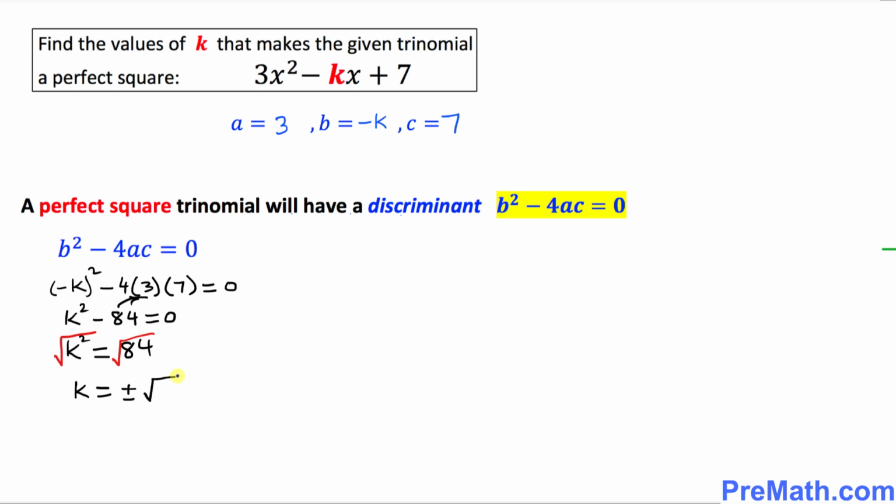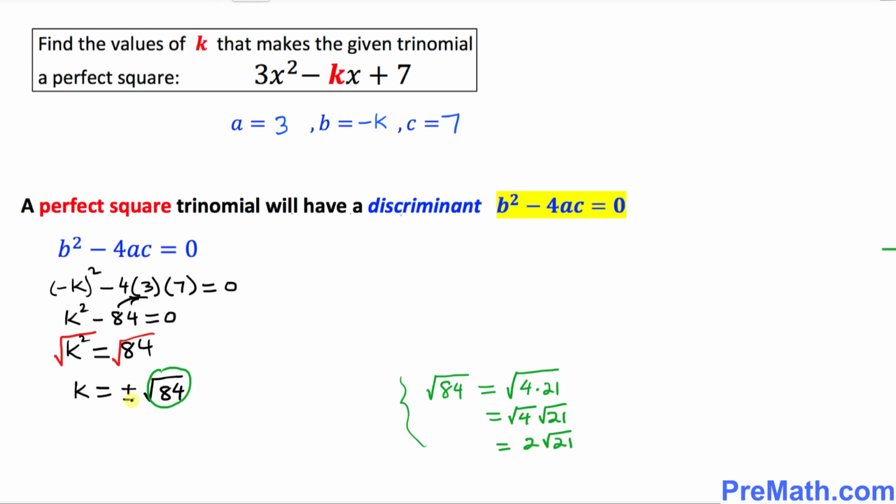square root of 84. And we know that the square root of 84 could be written as, I did this kind of calculation right up here, 84, if we split this into 4 and 21, we get 2 times square root of 21.